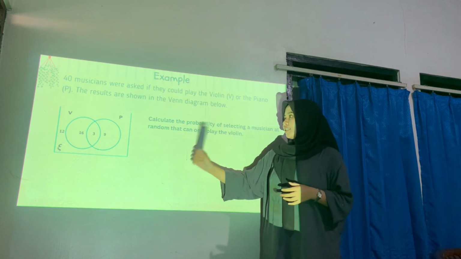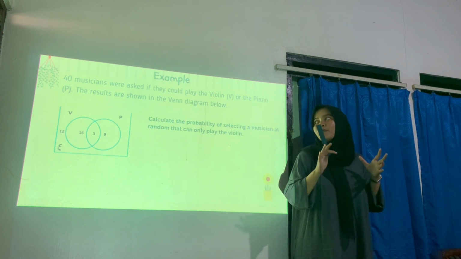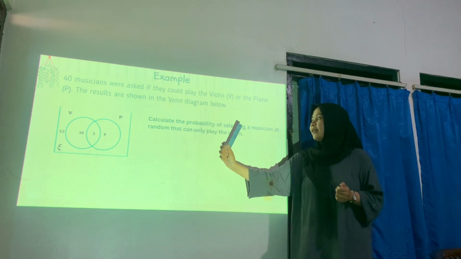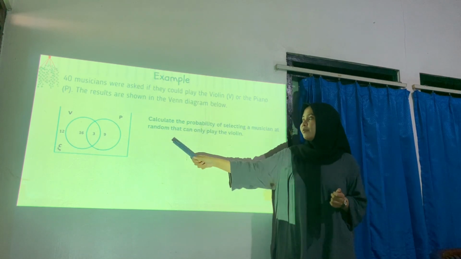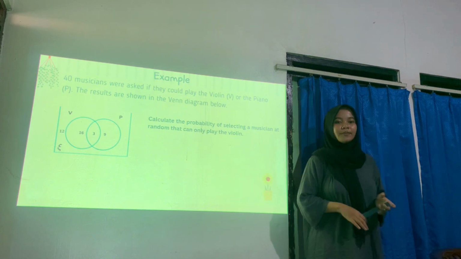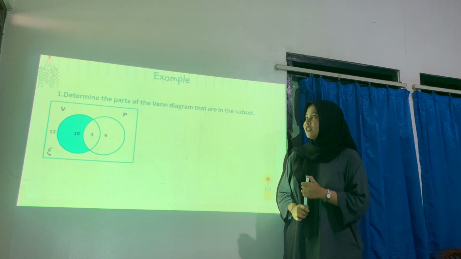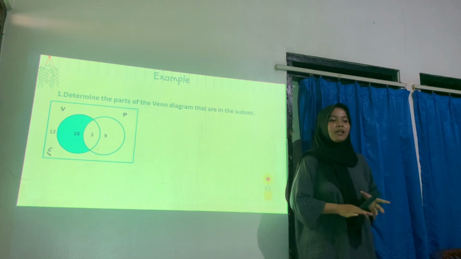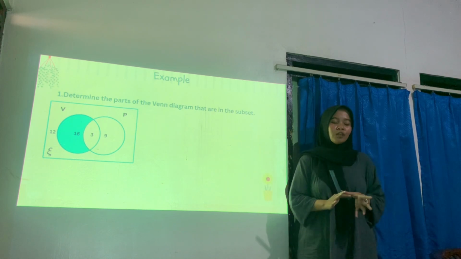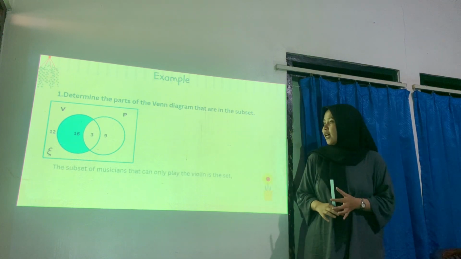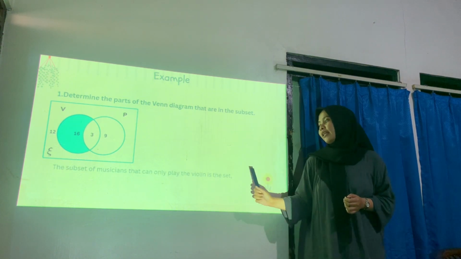So musicians who like neither violin nor piano is 12. Calculate the probability of selecting a musician at random that can only play the violin. Step 1 is determine the parts of the Venn diagram that are in the subset. We know that musicians who like violin is 16. So the subset of musicians that can only play the violin is the set.